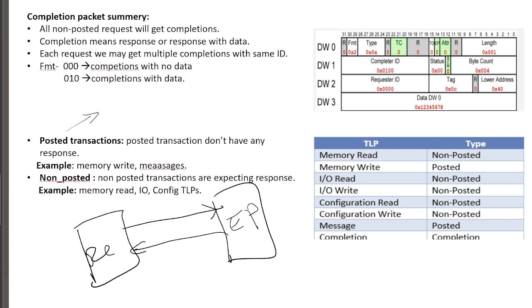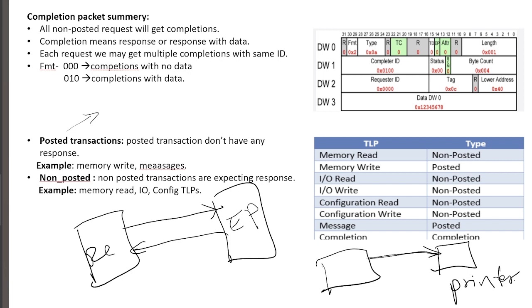Memwrite means you are writing data. Let's take a practical example: you have a processor connected to a printer. You will send data from your laptop to your printer to get the printouts.